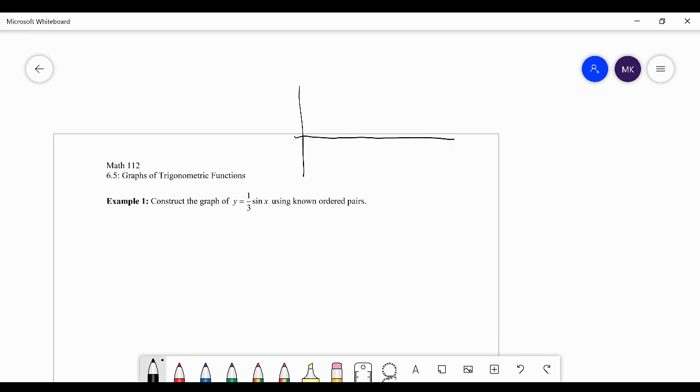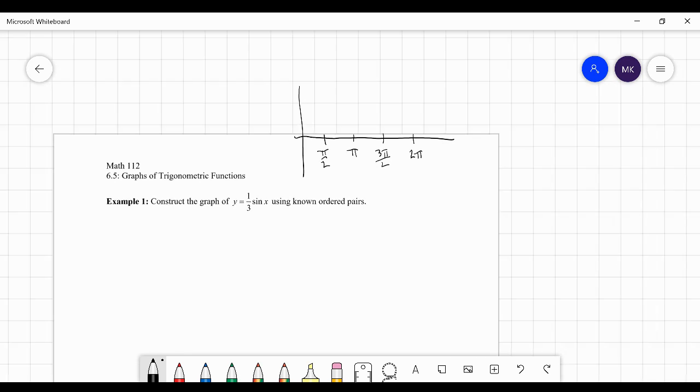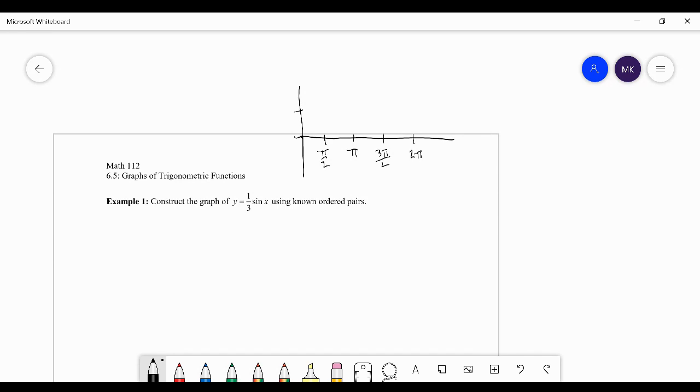grid here, we've got 0, pi over 2, pi, 3 pi over 2, and 2 pi. We know that sine starts at the origin, goes up to 1, comes down to 0, down to -1, back up to 0.